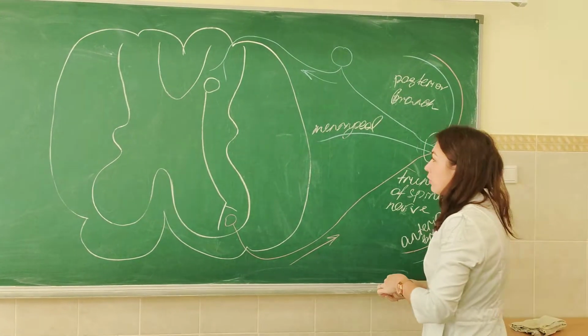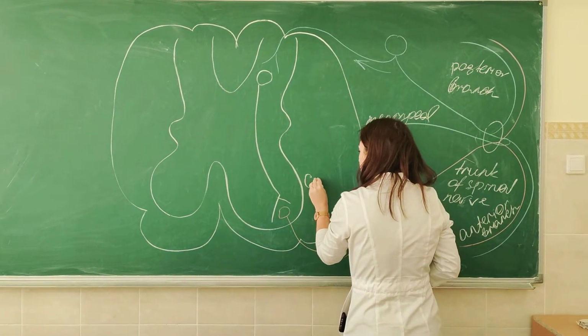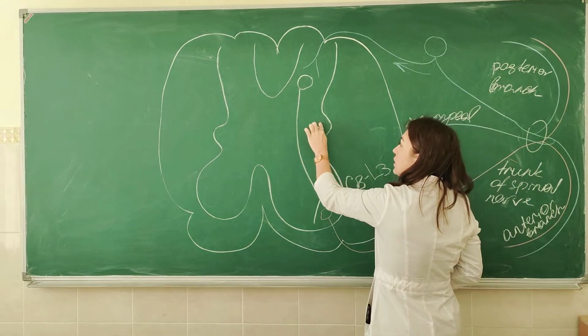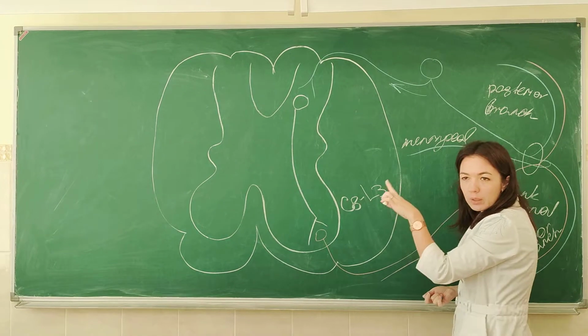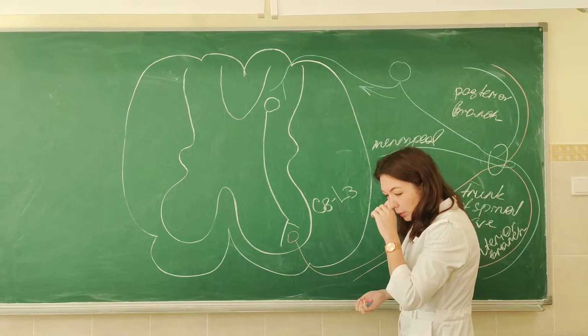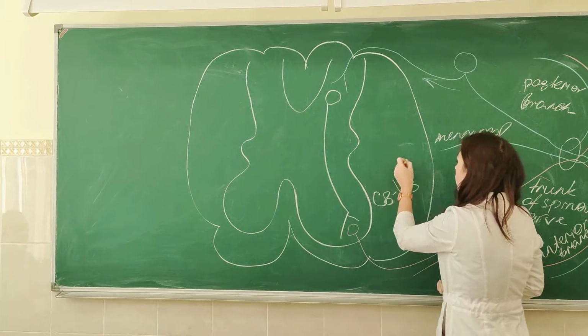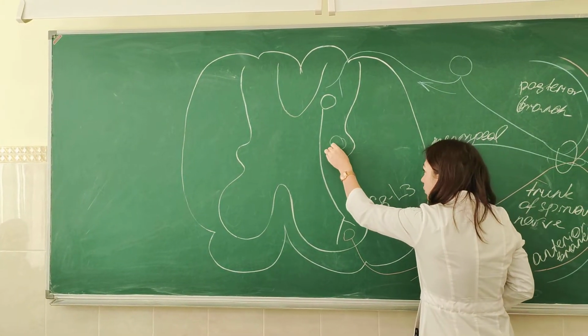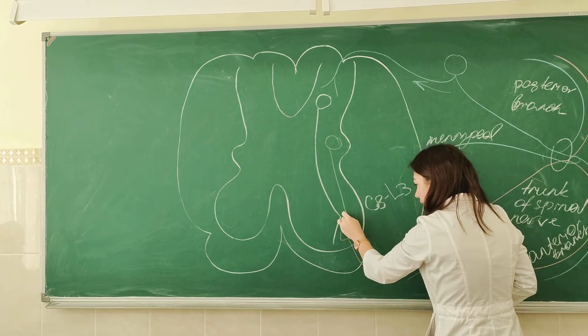Because we said that if it is a segment from C to L3, then it has an additional horn, that is the lateral horn, and we were saying that it is the autonomic horn. It contains autonomic nuclei, and from these autonomic nuclei, fibers also start, and they also leave through the anterolateral sulcus.